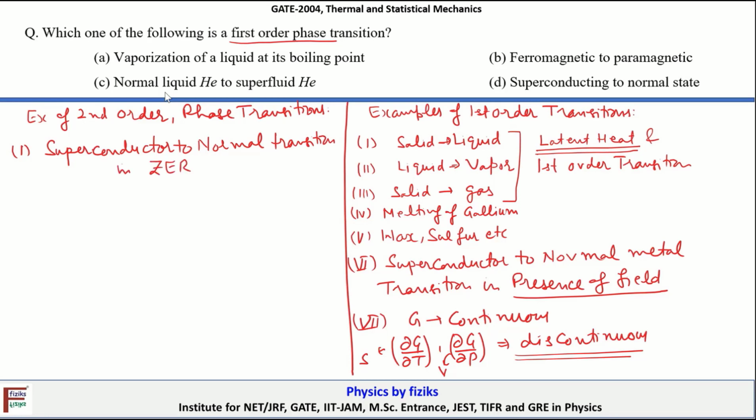Okay, when the transition is taking place in absence of field, it becomes a second order transition. You can make a comparison between this case and the sixth one that I discussed among the first order transitions. But when the transition is taking place in absence of field, it is termed a second order phase transition, because here the second order derivatives of the Gibbs free energy are going to be discontinuous.